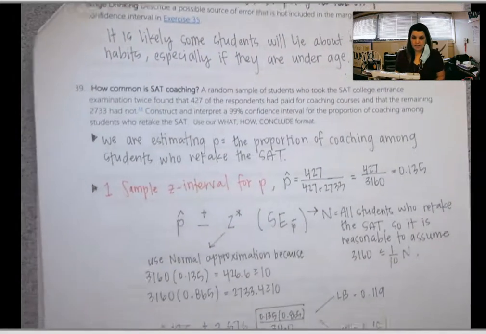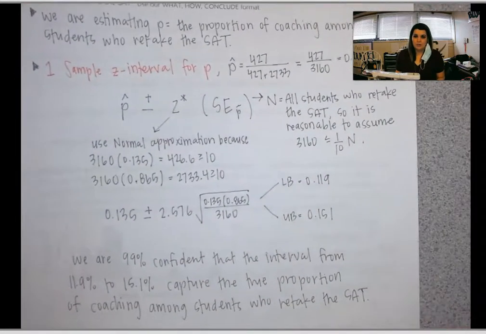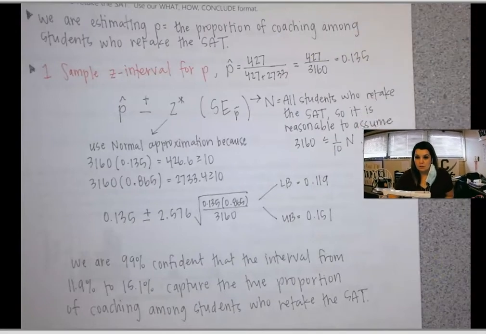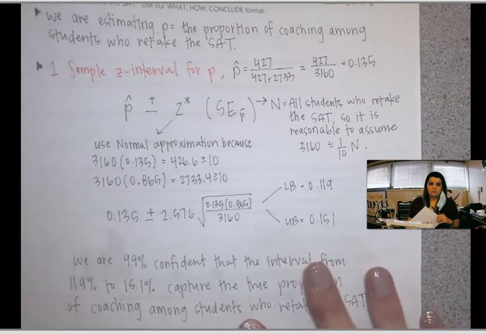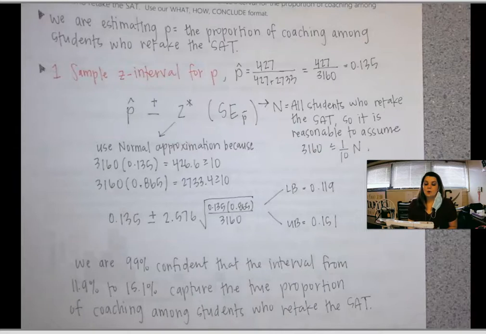Okay, then this is the solution for number 39. I'm not really going to talk through it. I'm just going to let you compare your answer to my answer. Let me see if I can move my face out of the way. So the only thing that I want to make special note of is the way that they worded it was slightly confusing, but this is another example of where we do not know the population number.